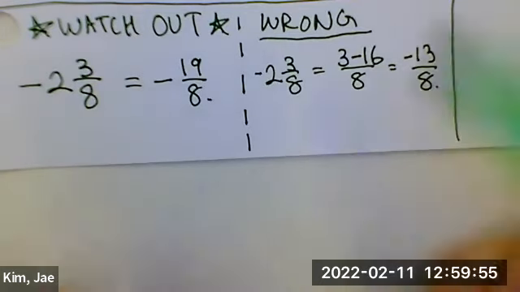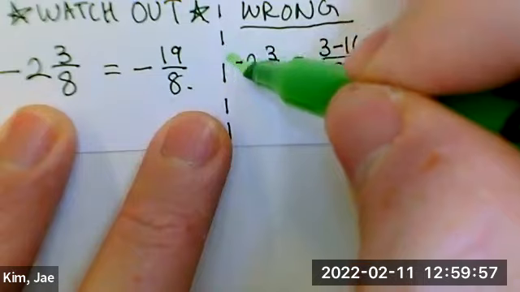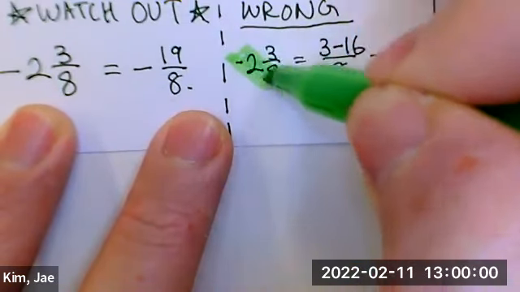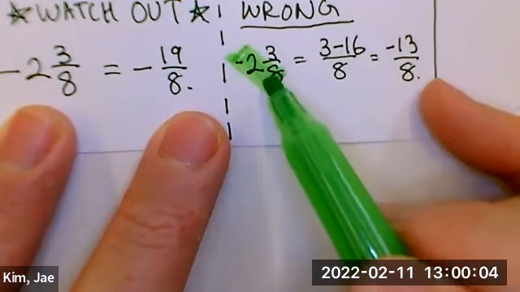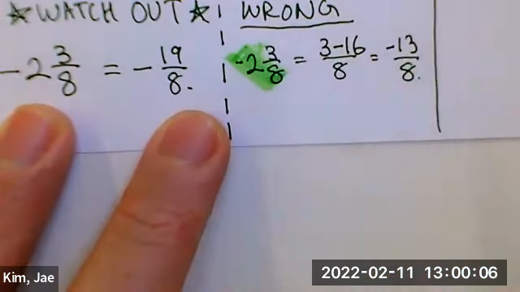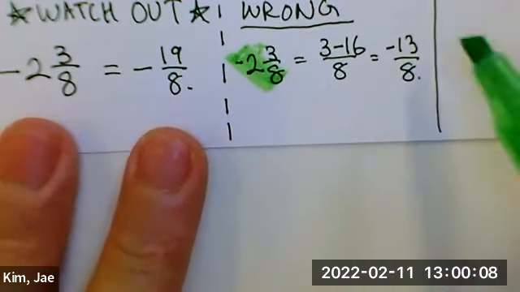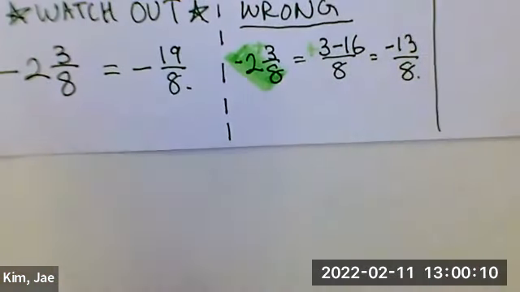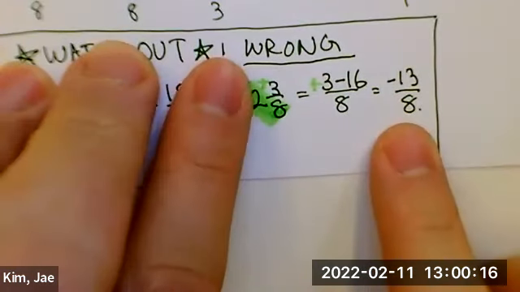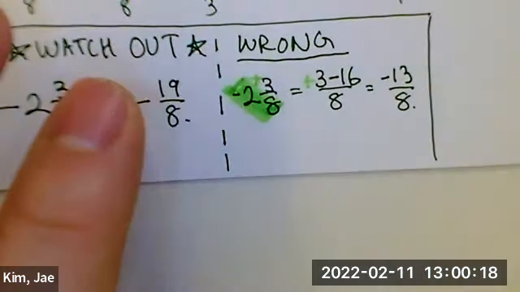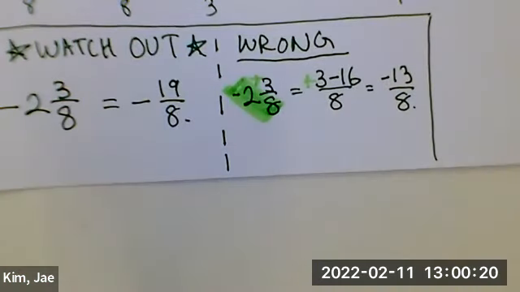Some people might have taken the negative and then multiplied it with the 2, multiplied a -2 with the 8, and then assumed the 3 was a positive. So it's +3 and -16. That's actually incorrect. Let me try to explain. The negative tells you how far away from the 0 we are.